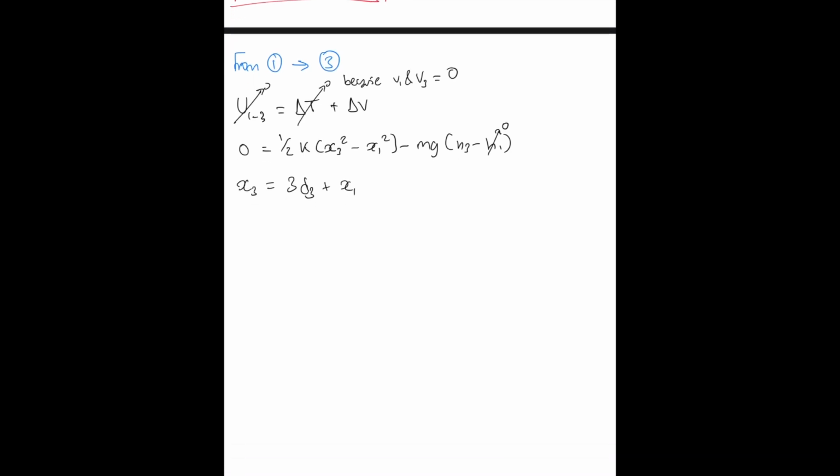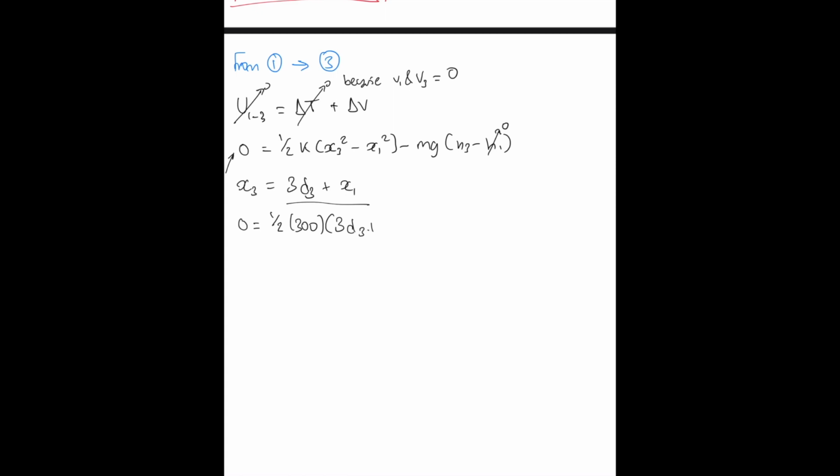And here we're going to plug in our known values into this equation. So 0 is equal to half 300, and then we're going to substitute our x3 with this expression here.